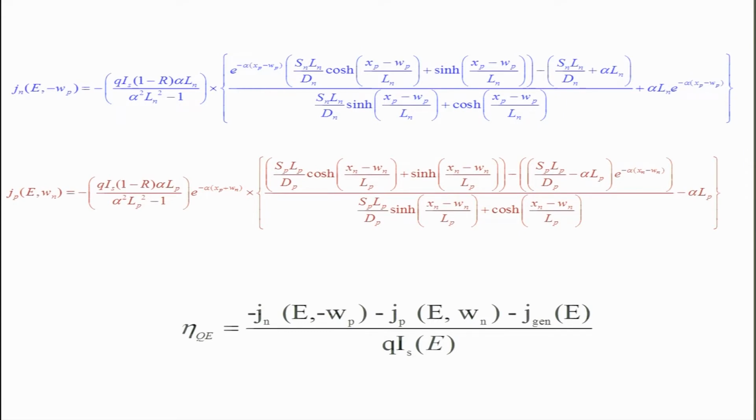And the total current, since we said total current is negative, right? All these three currents that we look at, we said that J total was equal to Jn E minus Wp plus Jp E Wn plus Jgen. All these three currents are negative.